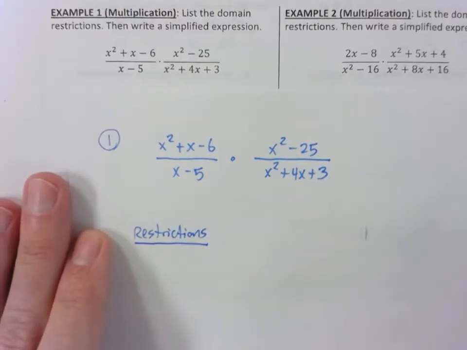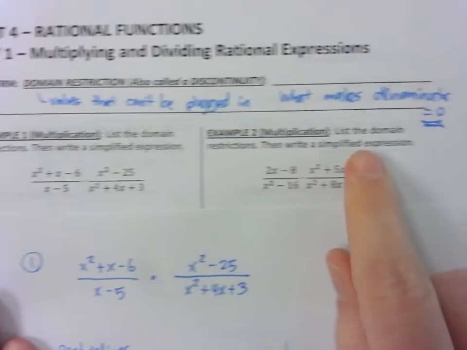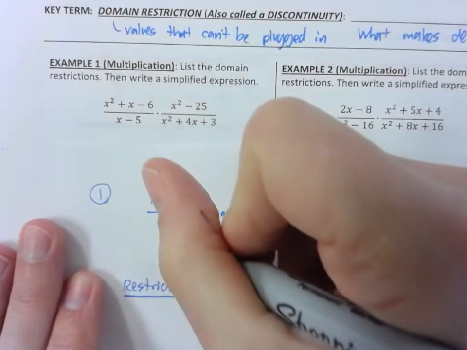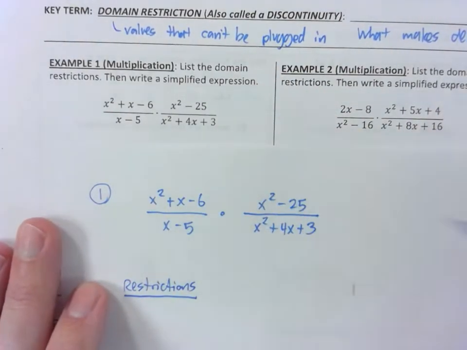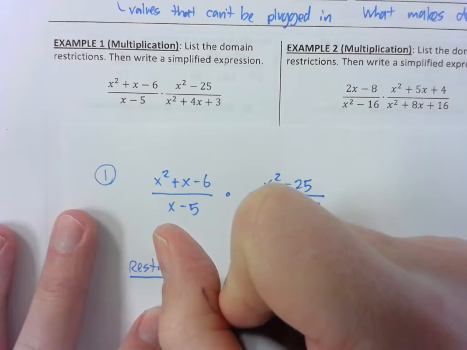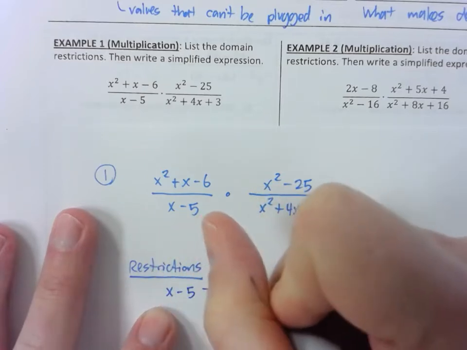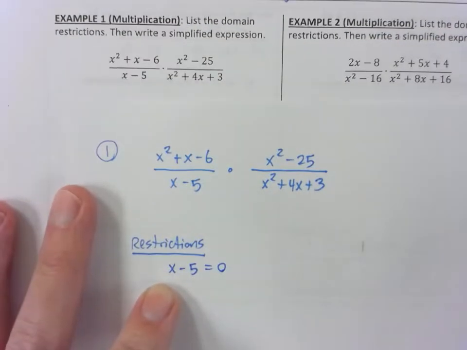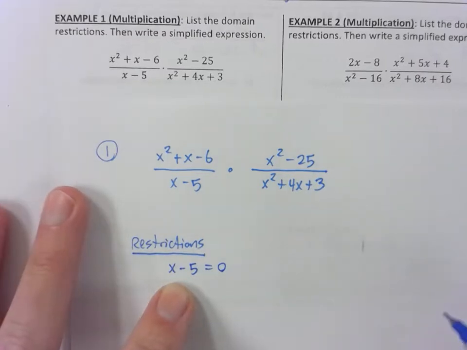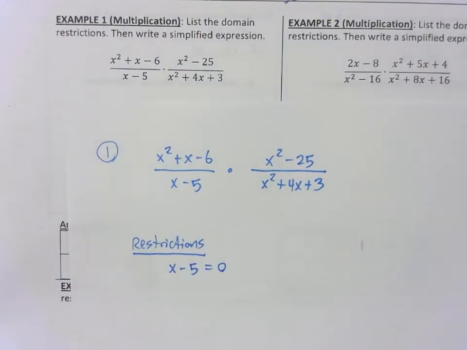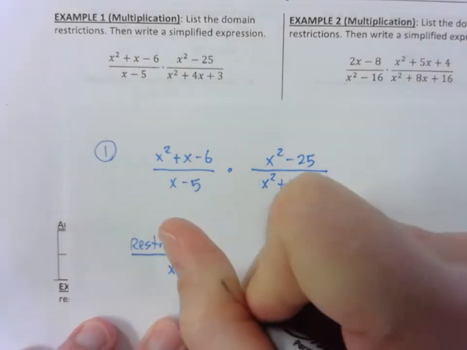What makes the denominator equal to 0? Our denominators are x minus 5 and x squared plus 4x plus 3. So we're going to start with this x minus 5, and we're going to set that equal to 0. Sometimes they're pretty easy to solve. In this case, you would just add 5 to both sides, and you would say x is equal to 5.